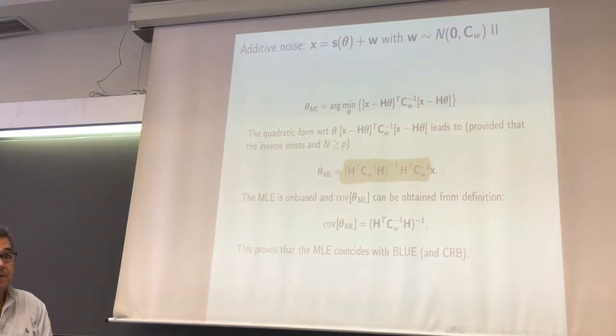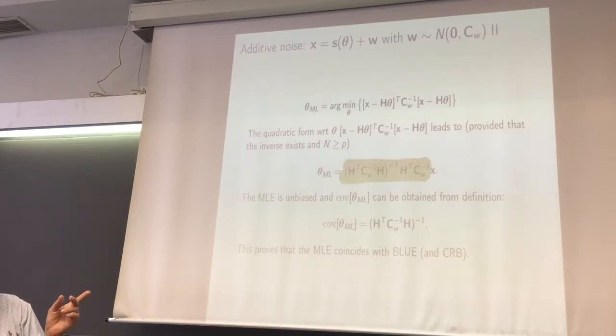And in this way, I can also calculate the covariance, which we did with the BLUE estimator, so I'm not repeating it again. You have seen it Friday, when you did the exercise estimating the set of parameters in the filter, and you calculated the covariance.